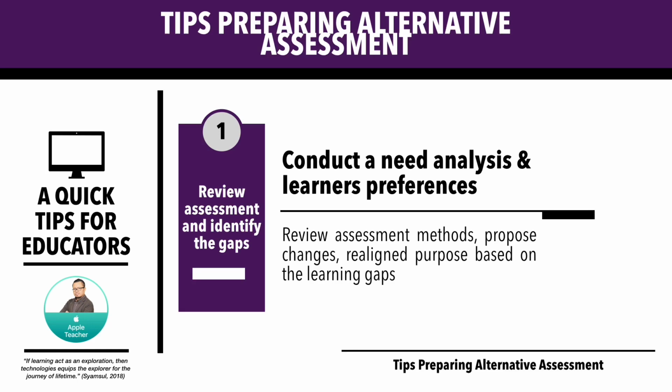In alternative assessment methods, we are promoting holistic assessment of outcomes as well as the learning process, focusing on what students are able to do rather than on the mastery of knowledge. As educators, we need to review the assessment method and the purpose of assessment, why we change, and realign with the purpose on the learning gap.